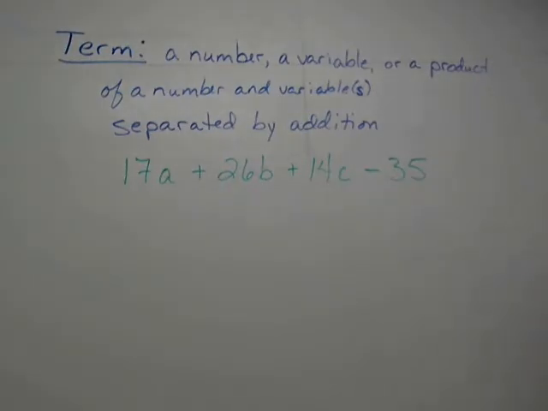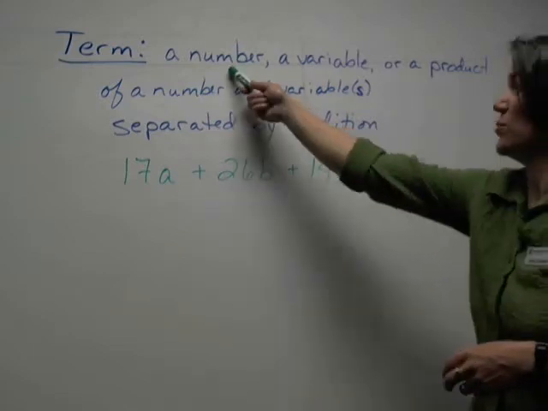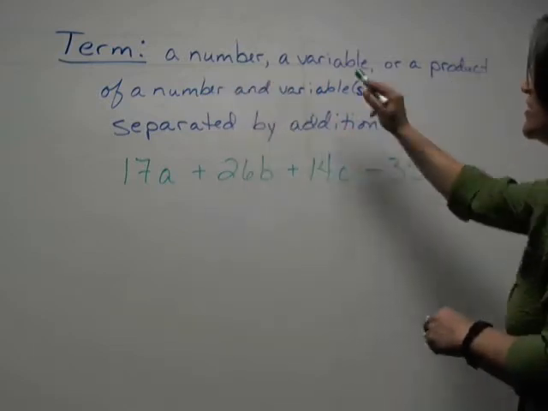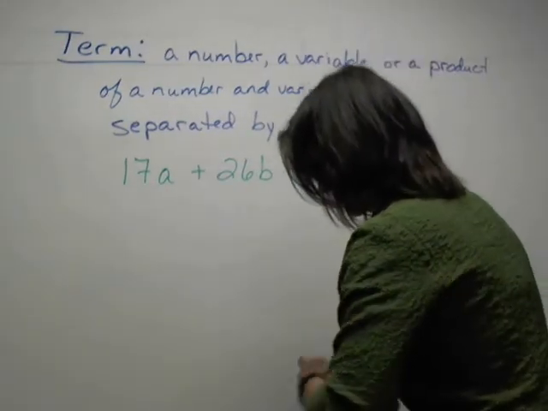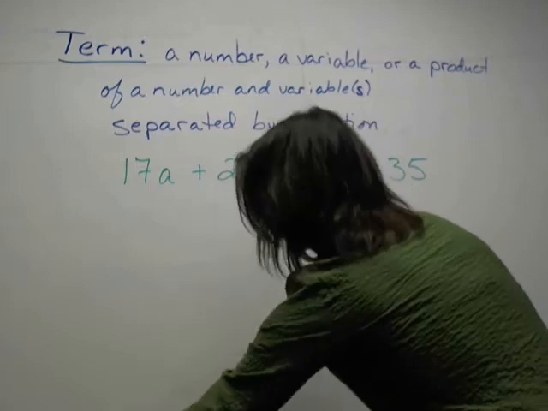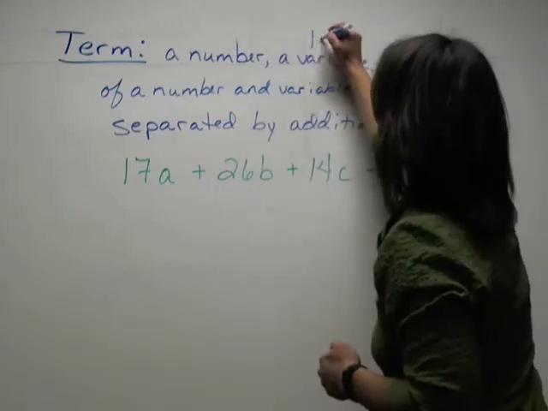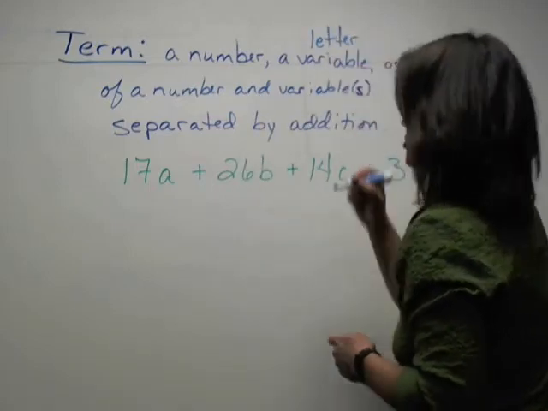Now, in order to be able to comprehend, we need to know what all the words in that definition mean. We know what a number is. A variable, remember, that's just our way of saying a letter. A variable is a letter.